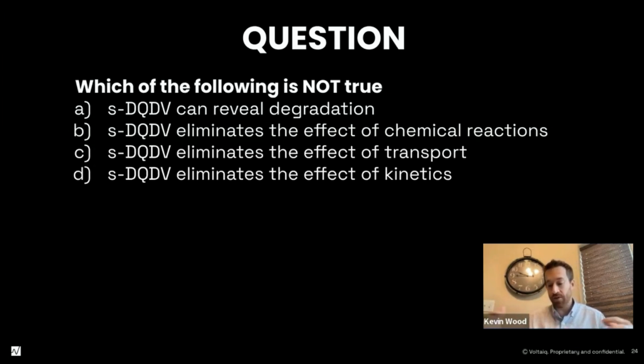Maybe it's being redistributed, right? So maybe you have some sort of structural collapse and maybe it's now going into some kind of different phase, or maybe you lost that lithium entirely and now you actually have lithium loss. So there's active material loss and there's lithium inventory loss. And you're going to observe both of those within the peak changes within DQDV.